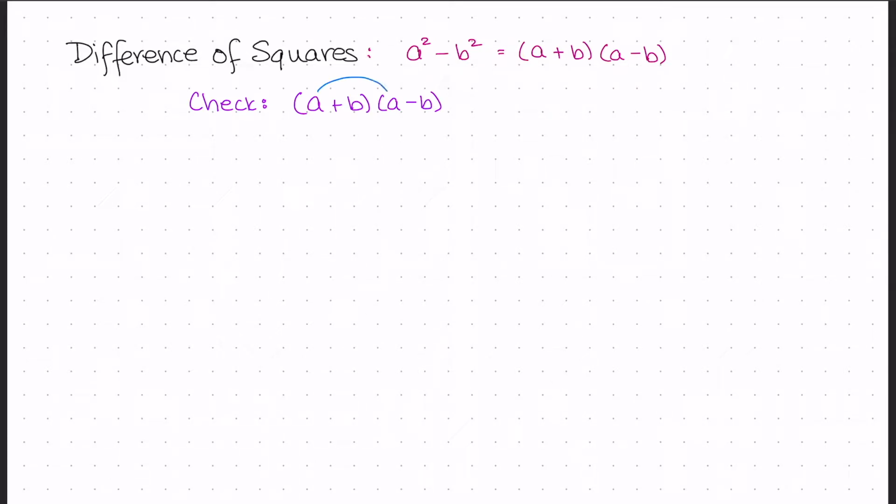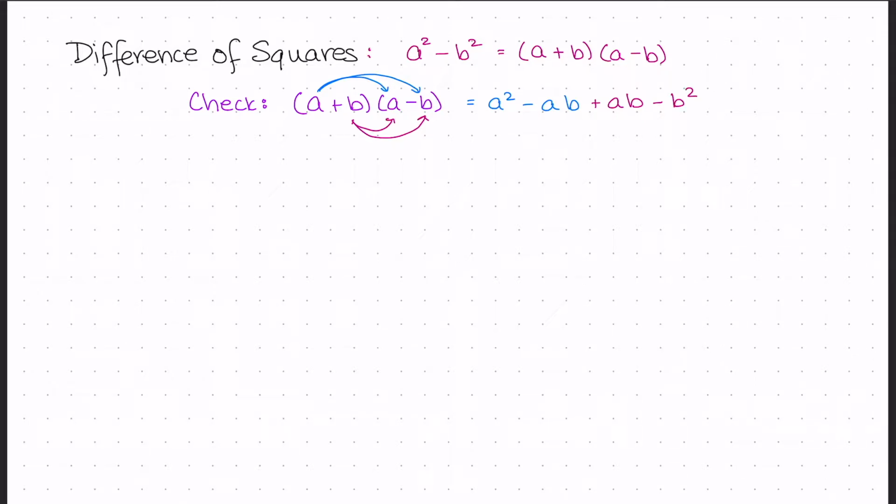So if I distribute the a, first of all, to both terms in the second factor, a times a is a squared, and a times negative b is negative ab. And then we'll distribute the b to both terms. So b times a is positive ab, and b times negative b is negative b squared.